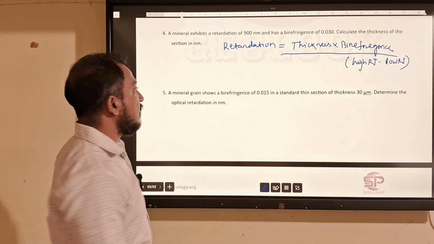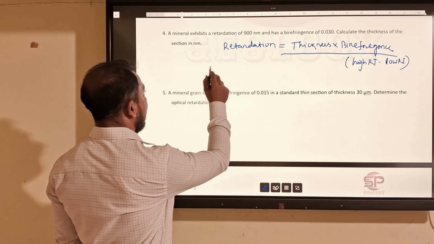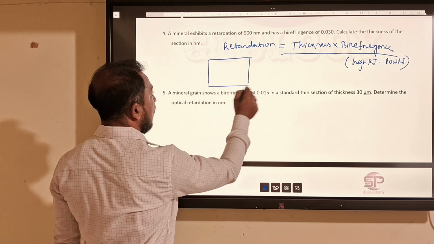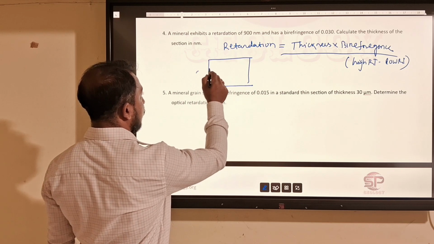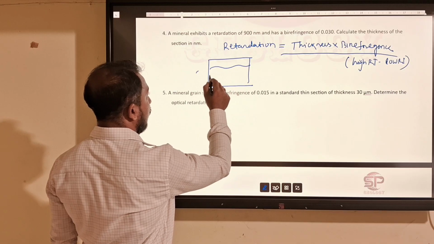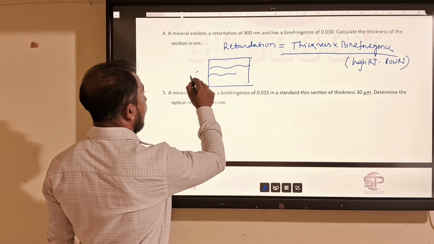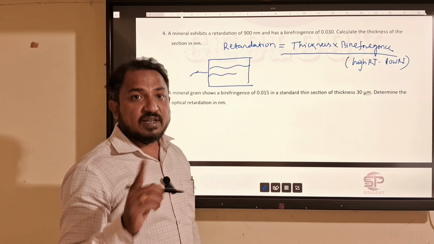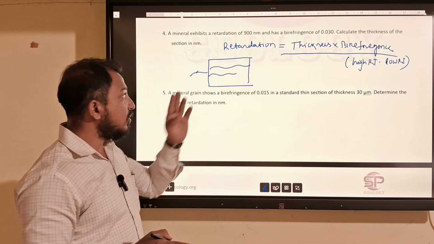So what is the retardation? In the case of an anisotropic mineral, when a ray travels through the anisotropic mineral, it splits into two rays. One is the slow ray, one is the faster ray.